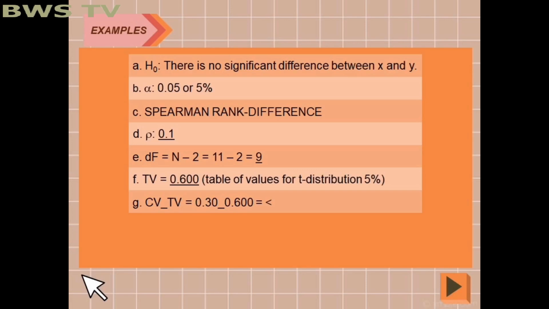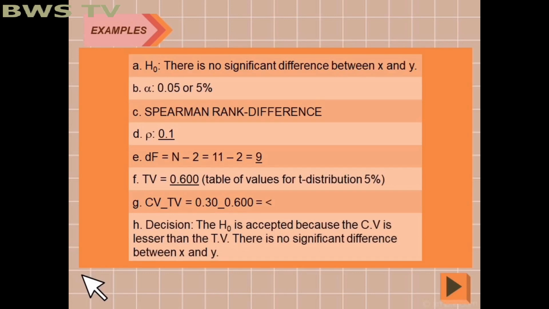So remember the HRLA. HR, higher reject. LA, lower accept. So our CV is lesser. LA, lesser accept. So in our decision, the null hypothesis is accepted because the CV is lesser than the TV. There is no significant difference between X and Y.